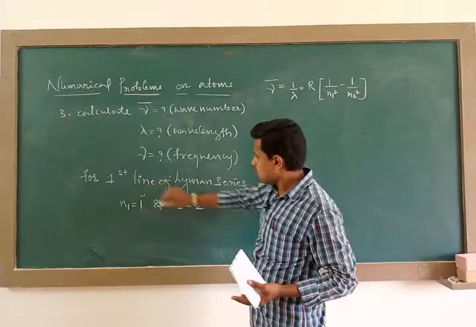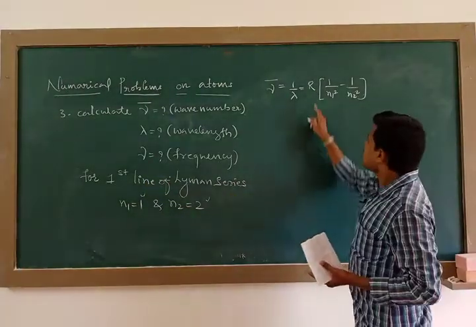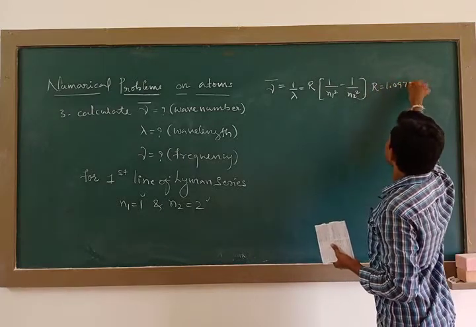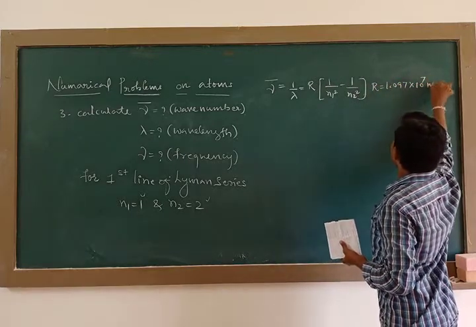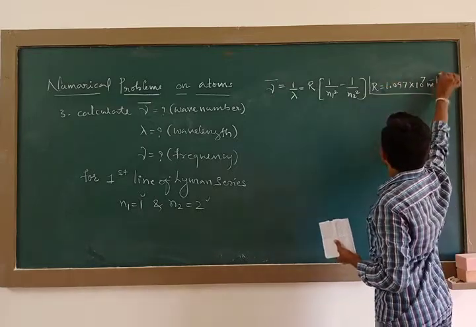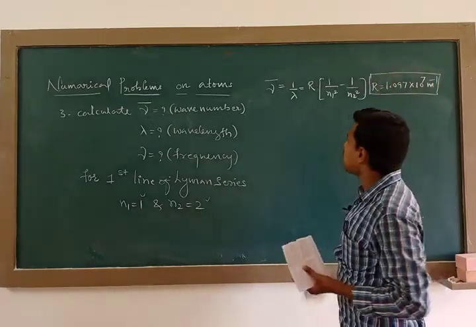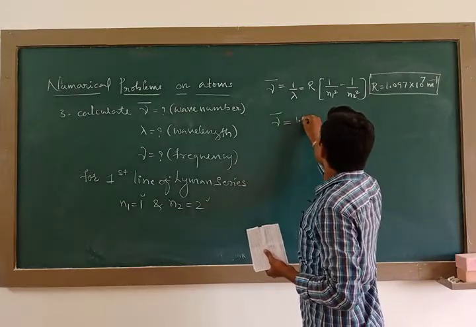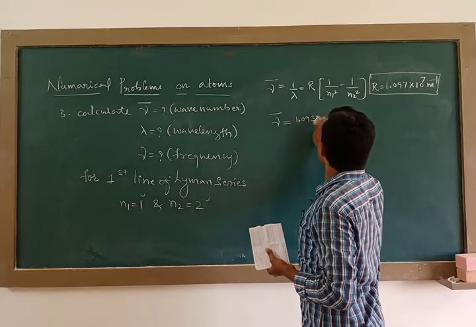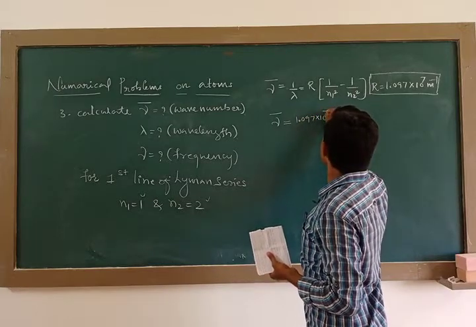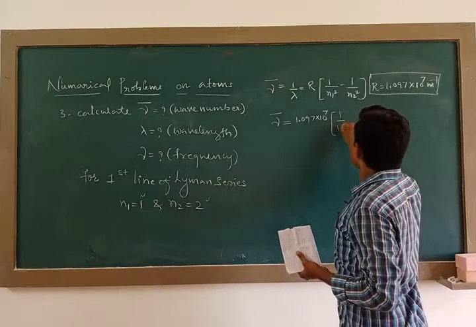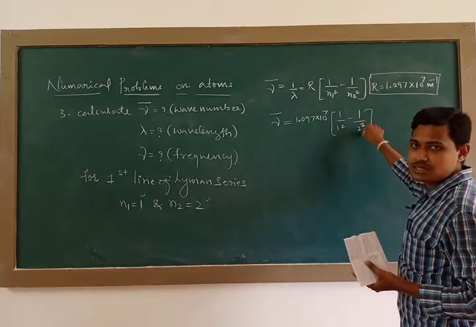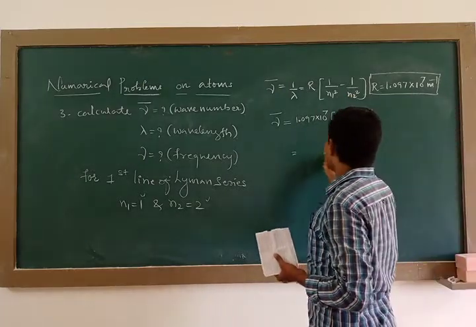N1 is given, n2 is given, and the value of R is 1.097 into 10 raised to 7 per meter, the Rydberg constant. So nu bar is equal to 1.097 into 10 raised to 7, 1 by 1 square minus 1 by 2 square. N1 is 1, N2 is 2. This becomes what?